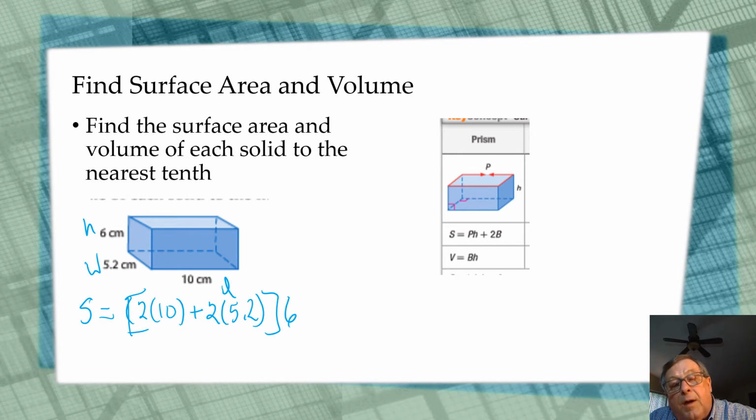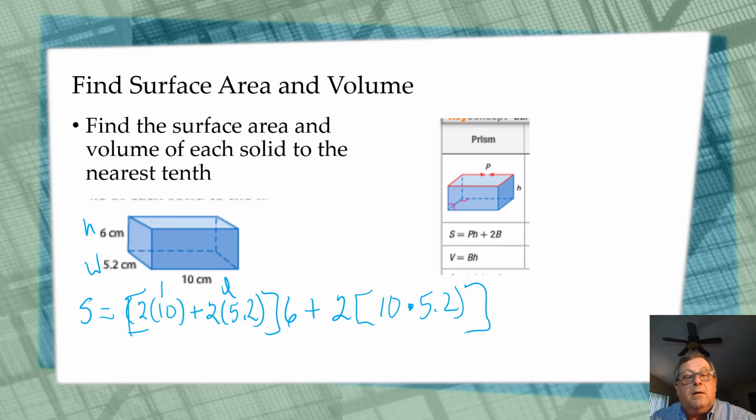And then we're going to have plus 2 times the area of the base, which is the length times the width, 10 times 5.2, finish off this bracket.